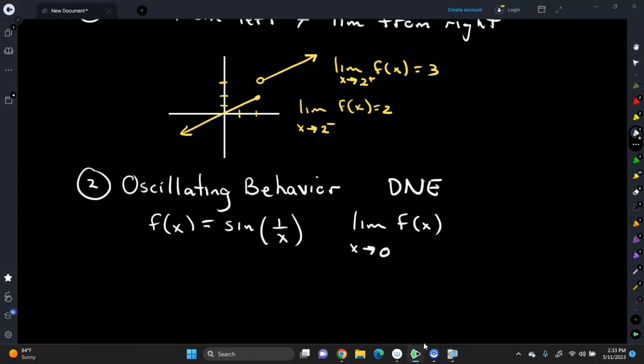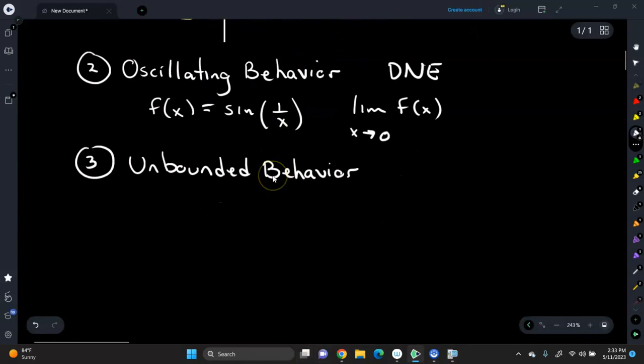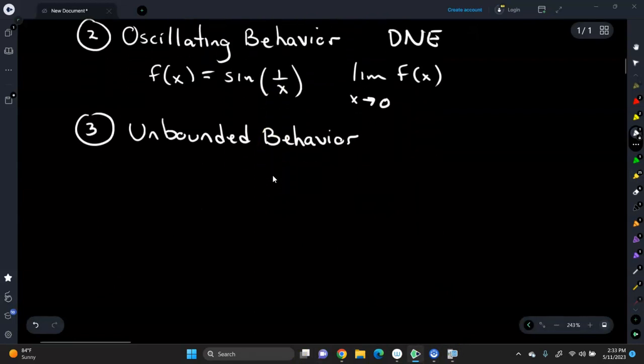The third scenario where the limit does not exist is what we call unbounded behavior. This can sometimes get a little confusing just because of the vocabulary that we use. Let me just draw this first.